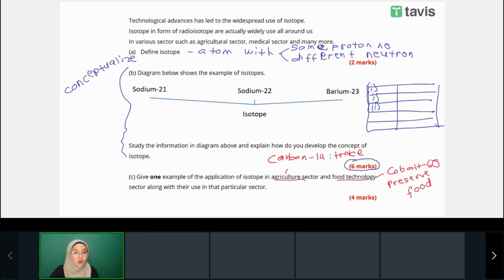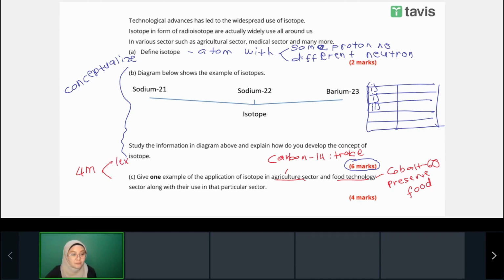Guys, if you only provide the example of the isotope, let's say you only provide carbon 14 in agriculture sector, without mentioning what it is used for, you only get 2 marks. Let's say you are only giving carbon 14 and cobalt 60. You get only 2 marks. Now, they give you 4 marks. They ask you for one example each sector.